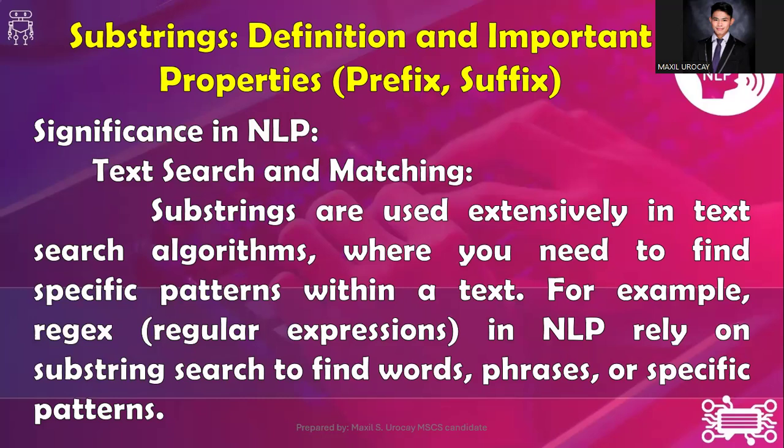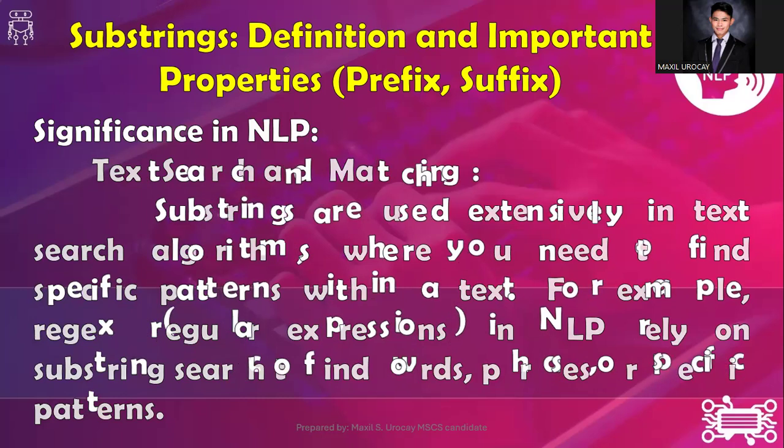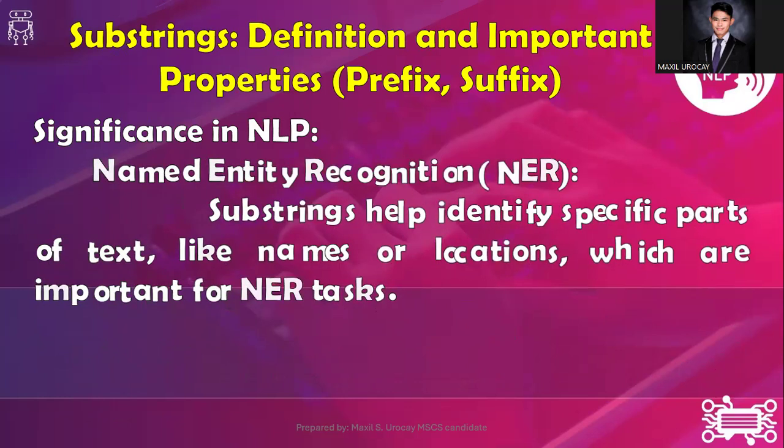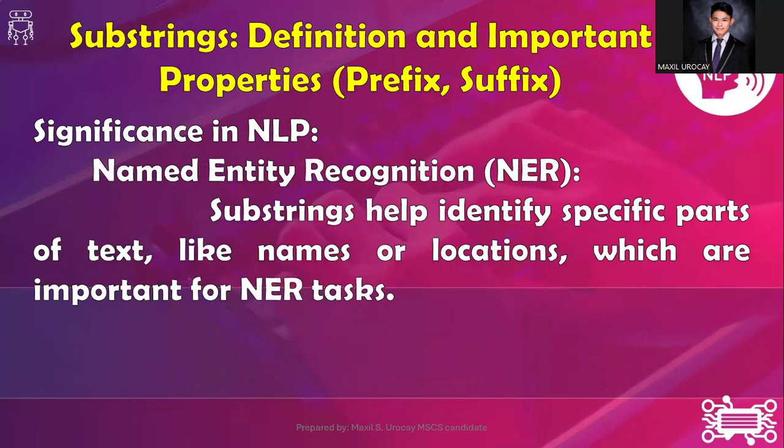Now, when it comes to named entity recognition, we are also using substrings. Substrings will help identify specific parts of text, like names or locations, which are important for this particular field.